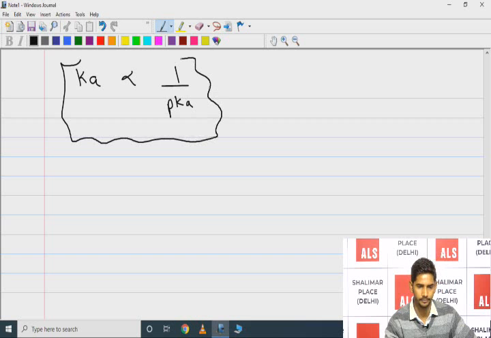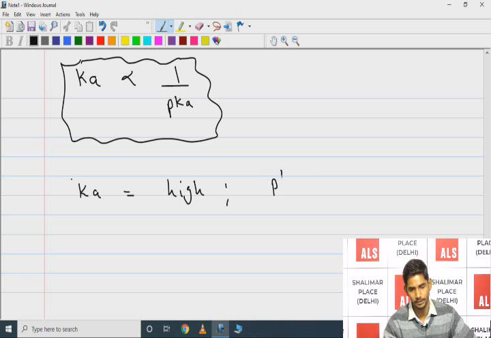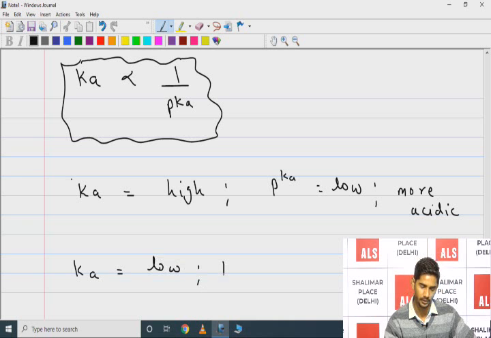Similarly for the Kb. So we can say that if Ka is high, it means pKa will be low, which means more acidic. If Ka is low, it means that pKa would be high, which means less acidic.